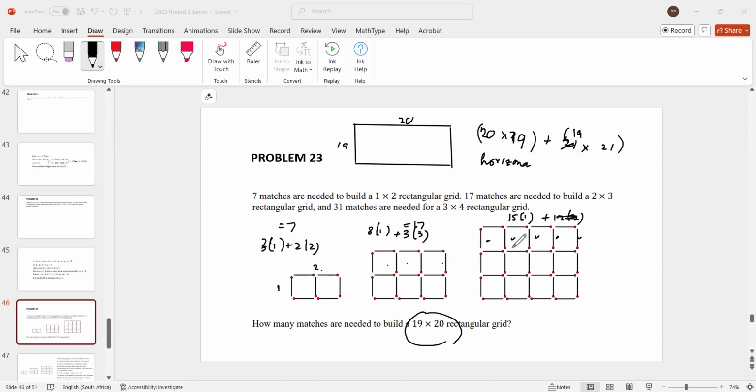And you have to multiply that by the number of rows that you've got here, and this is 19 rows. We're counting the vertical columns. So you've got 5.